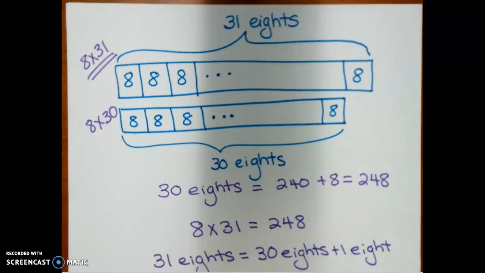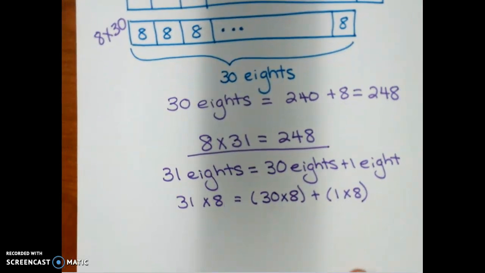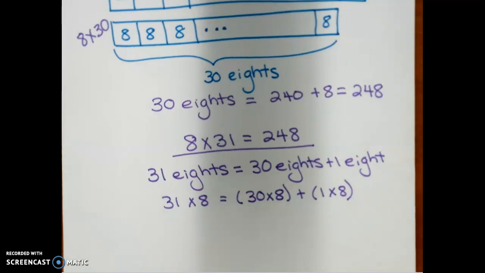So 31 times 8 is equal to 30 times 8 plus 1 times 8. So again, sorry you didn't see the bottom of that. 8 times 31, or 31 times 8, is 248.